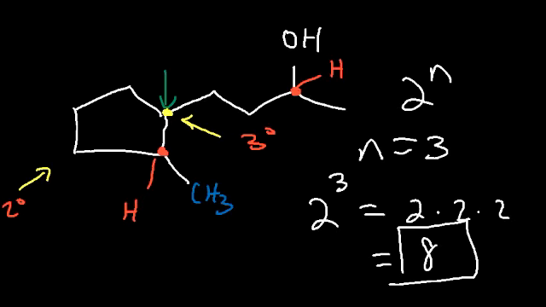Now, keep in mind, the configuration of every chiral center can either be R or S. So let's see how we can have a total of 8 potential stereoisomers. Now, each chiral center can have a configuration of RRR, or it could be RRS, RSR, or RSS.